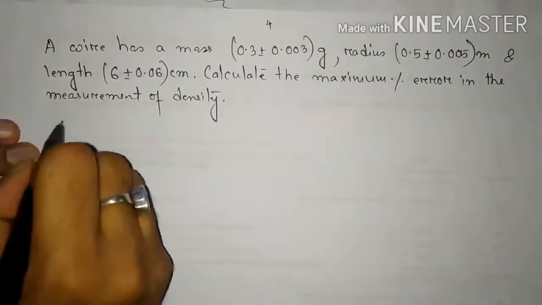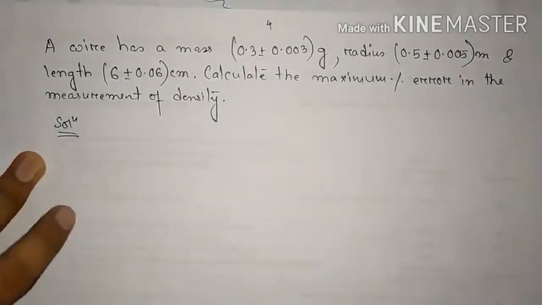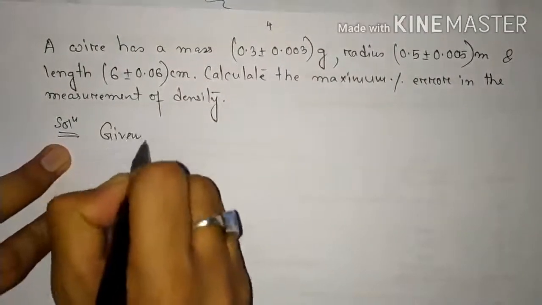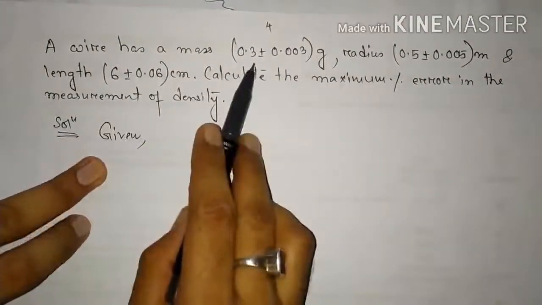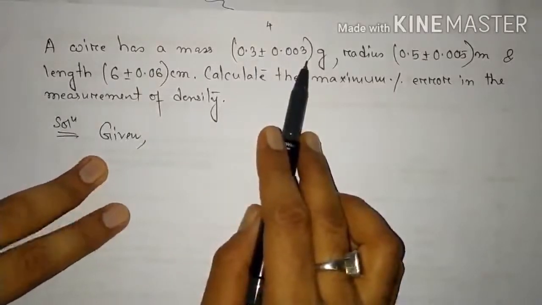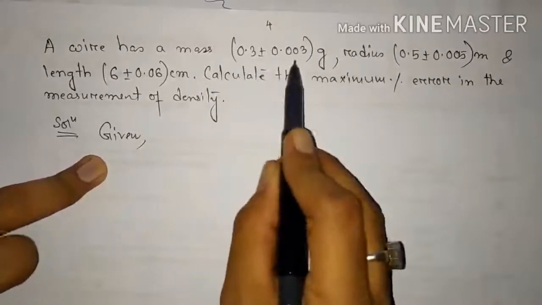So solution, let us see. First, the things that are given to us. Which things are given? Mass is expressed in this form. Now if you remember, the standard way of representing the true value is measured value plus minus error.